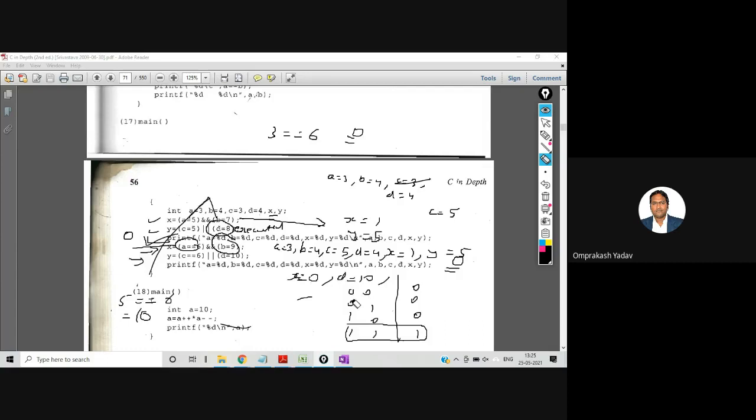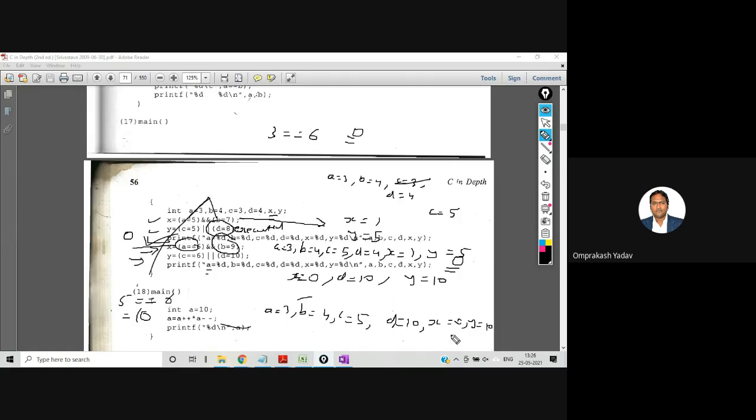Let me erase this. So now y will be 10. So the answer for this line will be a is equal to 3, b is equal to 4, c is equal to 5, d is equal to 10, then x is equal to 0, y is equal to 10.